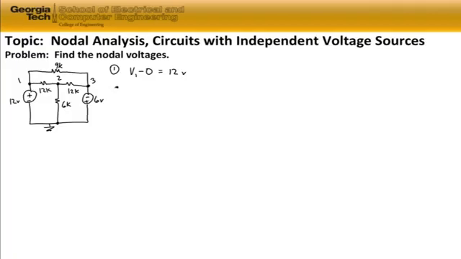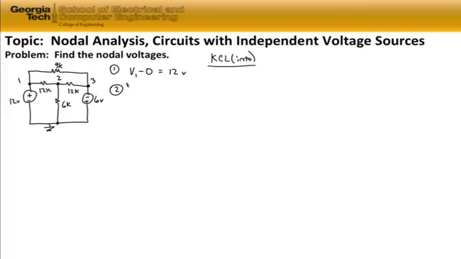The next node, if we look at node 2, we have 3 currents flowing into node 2, which are coming through the 3 resistors, the two 12K resistors and the 6K resistor. We're going to sum up those currents using Kirchhoff's current law, summing the currents into node 2.